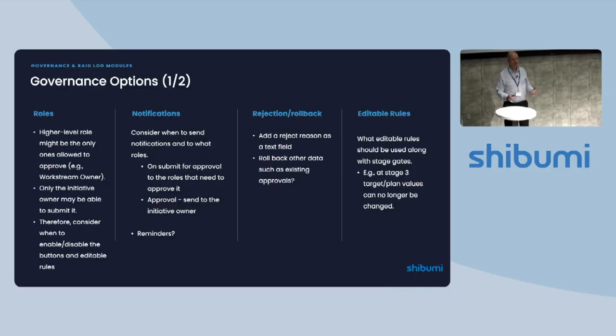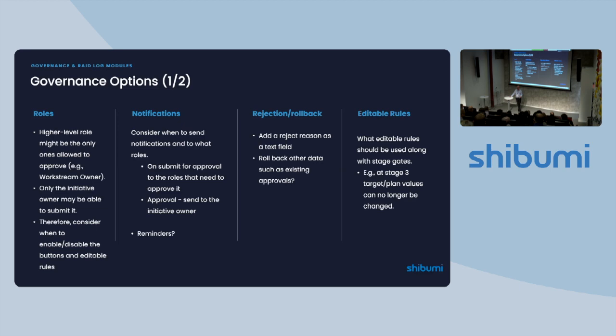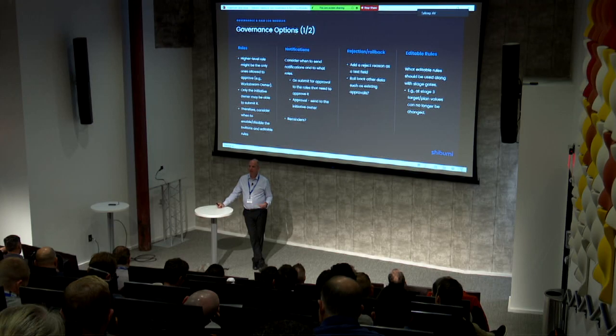As we've talked about today, Shibumi is a highly flexible platform, so there are potentially options around how you might want to do governance around the roles at the different levels, whether it's things like again, reminders.